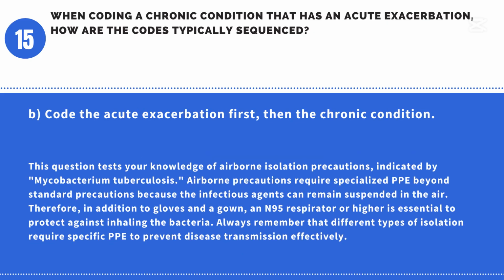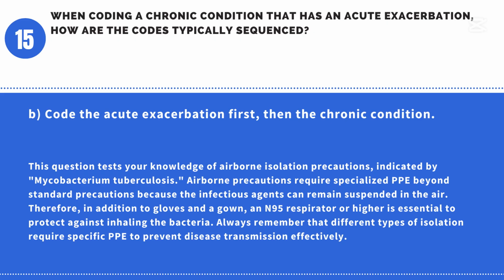Answer: B. Code the acute exacerbation first, then the chronic condition. For conditions that are both chronic and experiencing an acute worsening, exacerbation, the ICD-10-CM guidelines generally instruct you to code the acute exacerbation first, followed by the chronic condition.